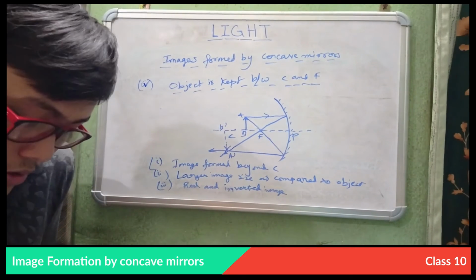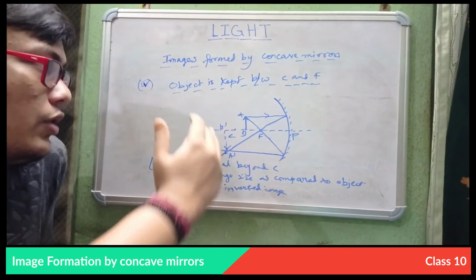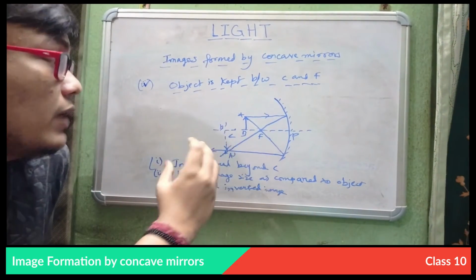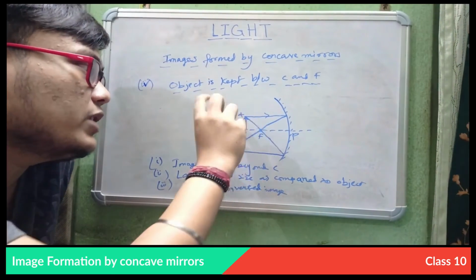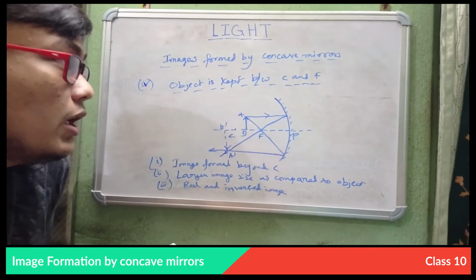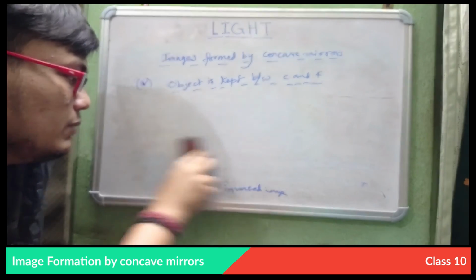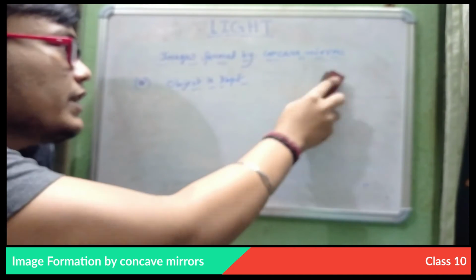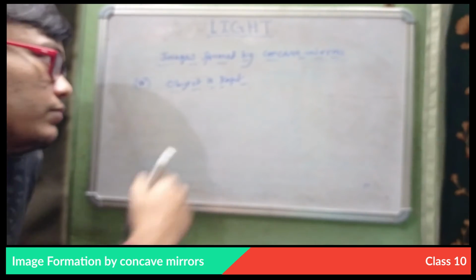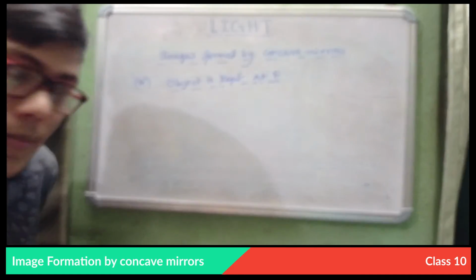Now we'll keep moving the object towards the focus. In the next scenario we'll keep the object AB at focus and see what the characteristics of the image will be. So the next case is the object kept at focus.